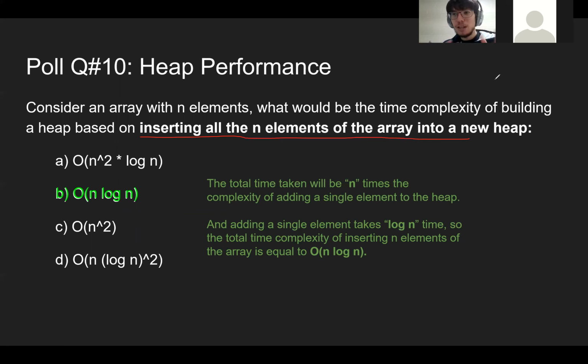So even though taking an array and making it a heap on its own takes only O(n) time, we'd have to remove every element from our heap, and that alone takes n log n time, because n removals is always going to take n log n. But if we didn't have to use a new heap, if we just had our current array, unsorted, sorted, doesn't matter, and we just wanted to make a heap from that, that would take only O(n) time.